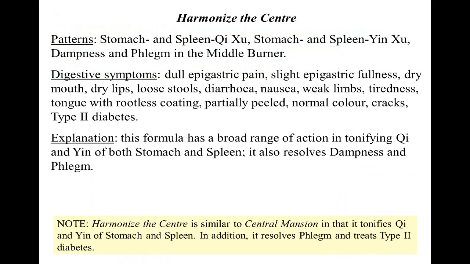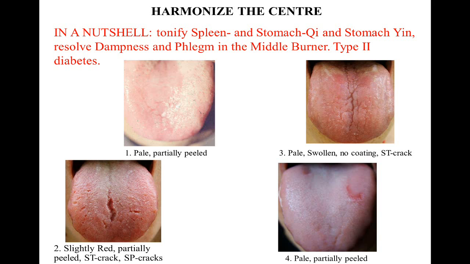Harmonize the Centre is a variation of Central Mention itself, so they're very similar. And what is the main difference? Let's look at this. The main difference is that it also moves blood, and I've modified it with herbs that treat type 2 diabetes.